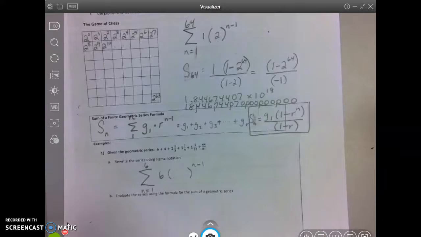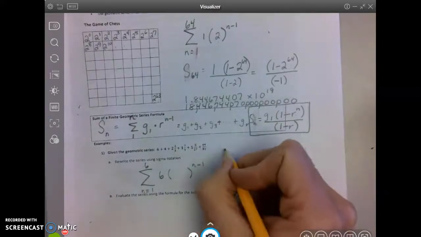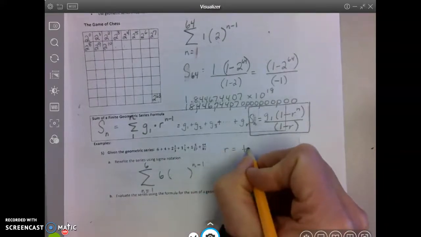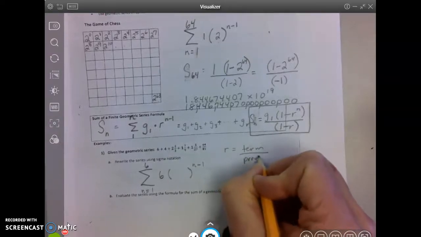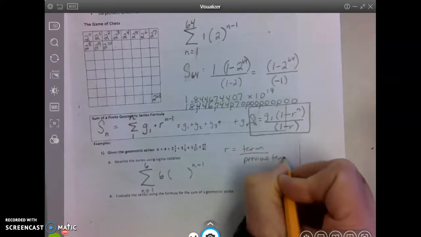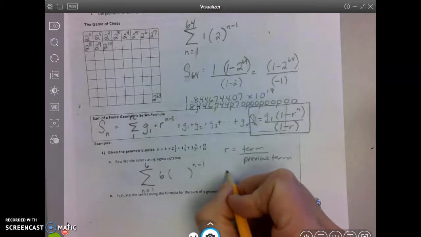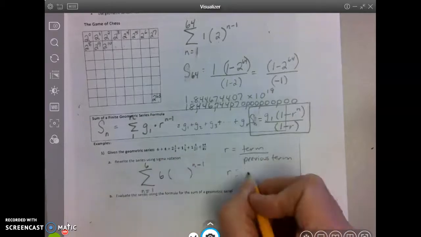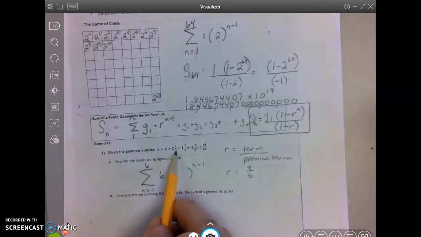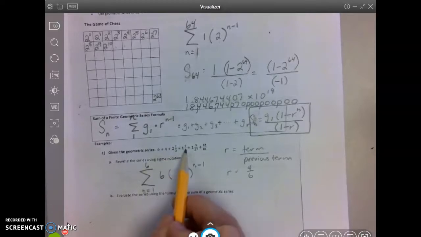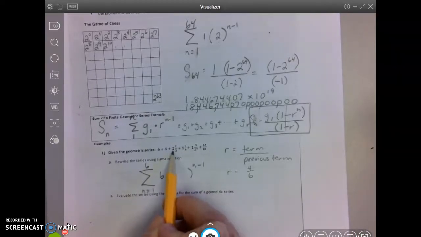So I need to find my constant ratio. Remember, ratio equals term divided by previous term. So r is going to be, I could say 4 divided by 6. I could do 2 2/3 divided by 4, or 1 7/9 divided by 2 2/3.